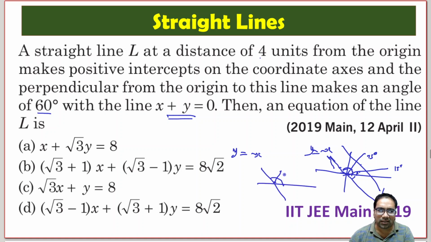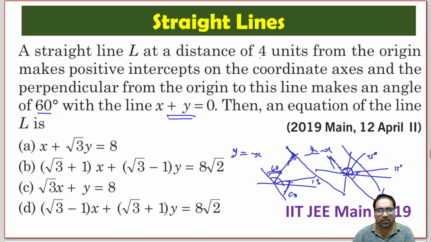So if we make a line with 75 degrees, that is still making this angle 60 degrees, right? Or if we are making a line of 15 degrees, then also it is making this angle as 60 degrees, right? Basically, we have two options for this perpendicular. If this perpendicular is like this, then our L will become like this, right?